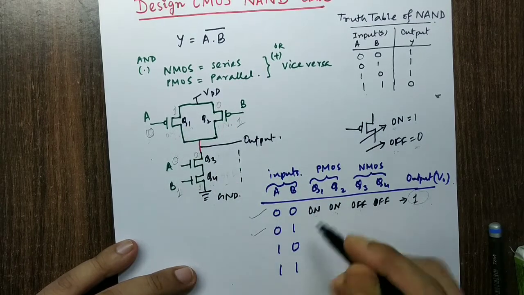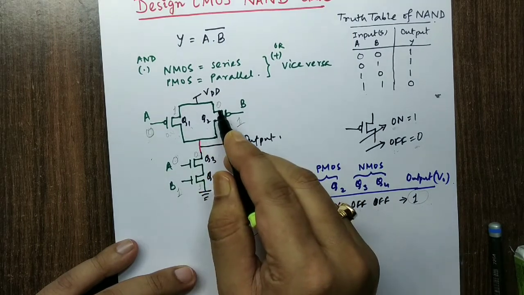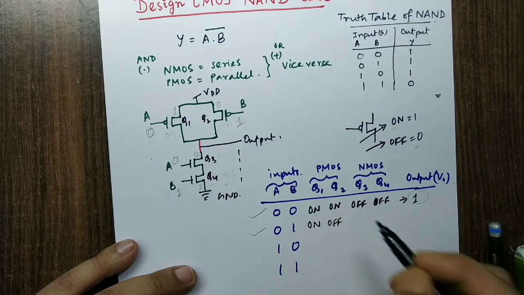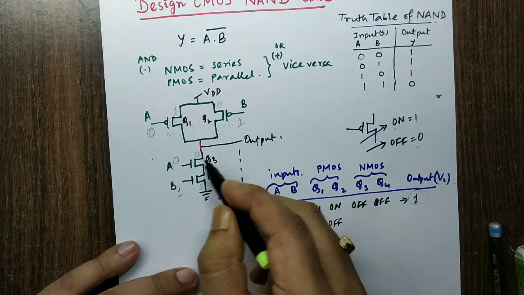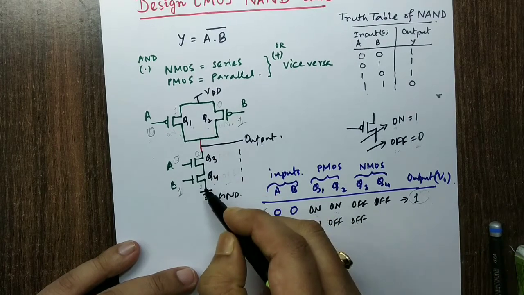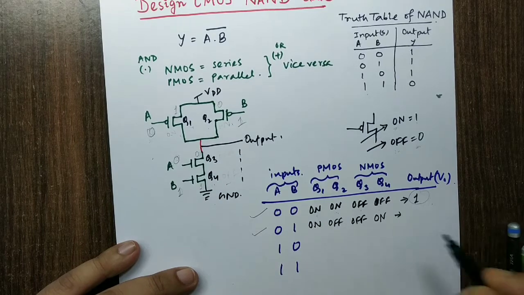So let me draw. Q1 is on, but Q2 is 0. That means Q2 is off. Whereas Q3 is off, but Q4 is having value of 1. So it is on. That means what?